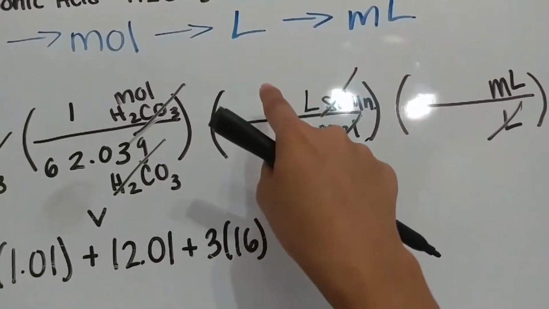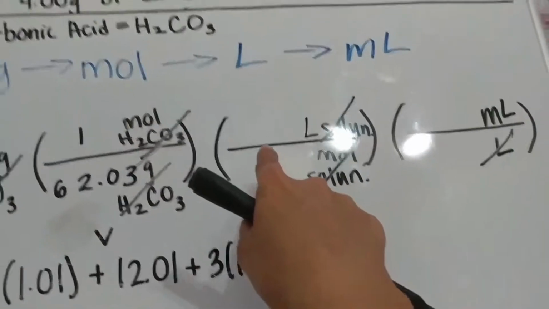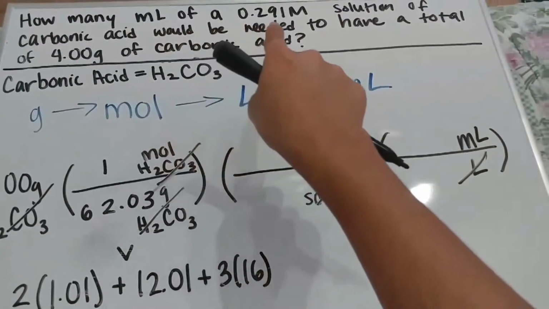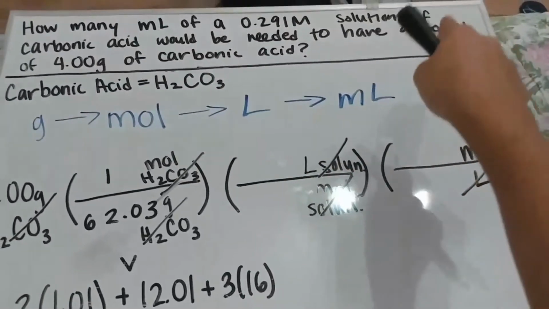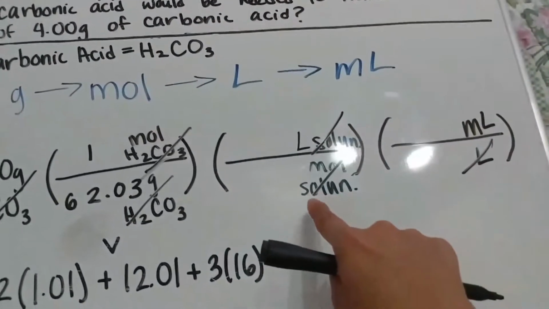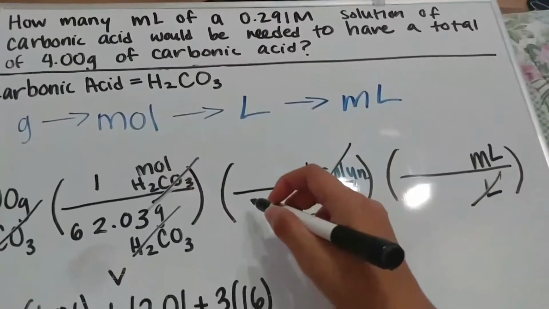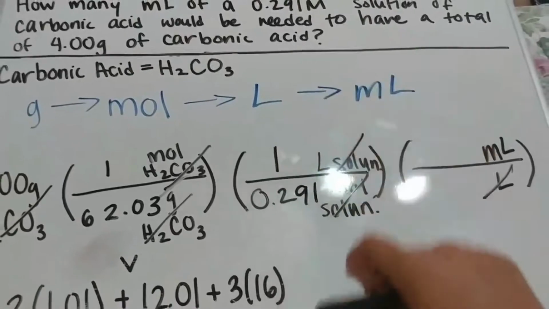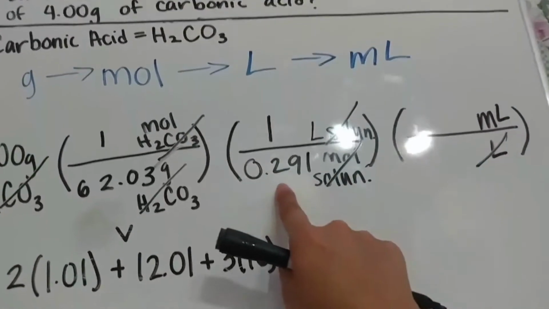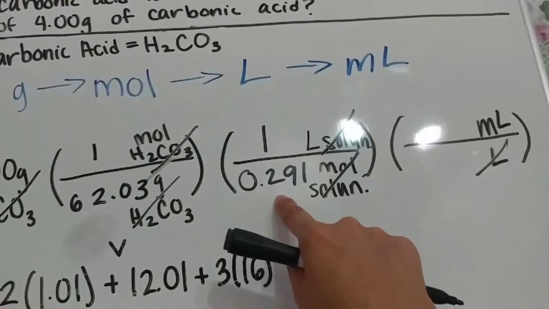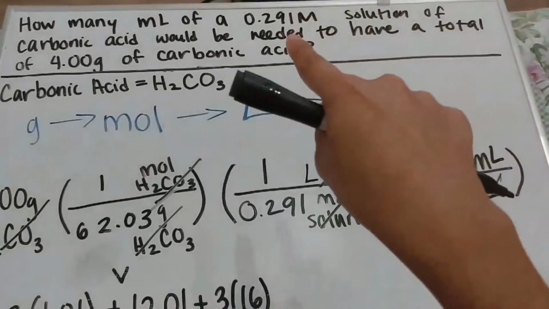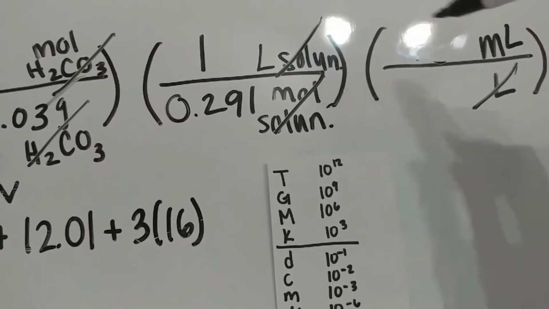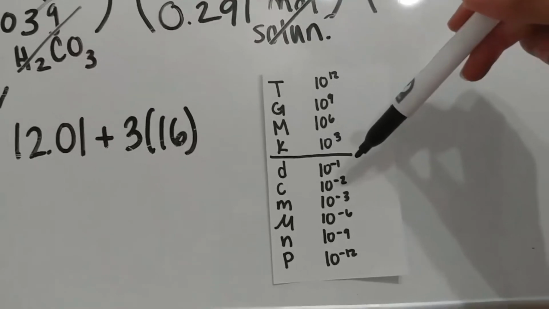To find out the units for liters to moles, you would refer back to the original question: how many milliliters of a 0.291 mole solution of carbonic acid. So mole solution. Based on the question, we can write 0.291 moles in 1 liter. That's how we know the number of moles, because we can derive it from the question. In order to convert from liters to milliliters, we would refer back to the unit prefixes chart.